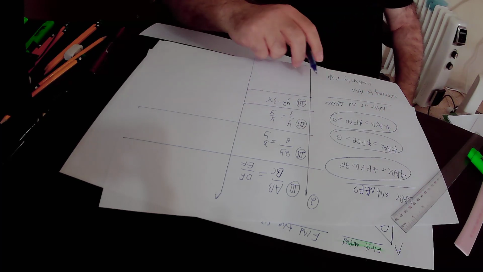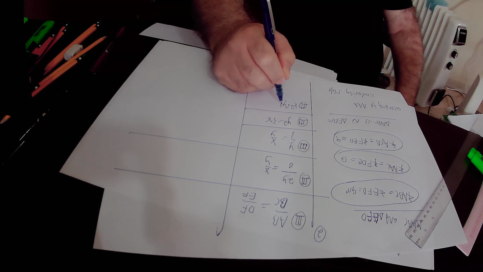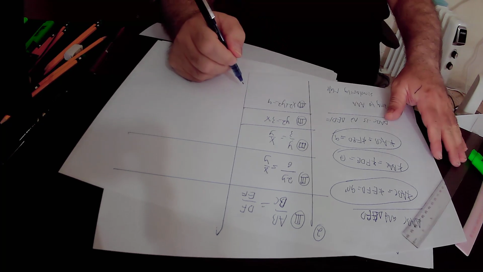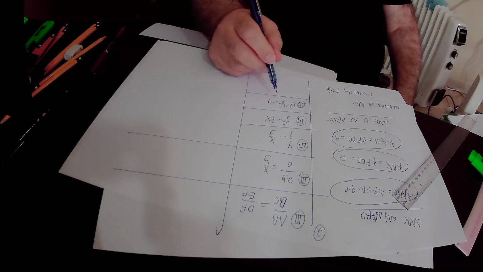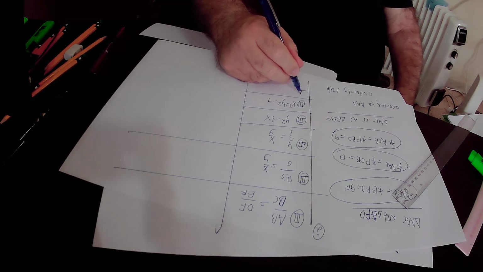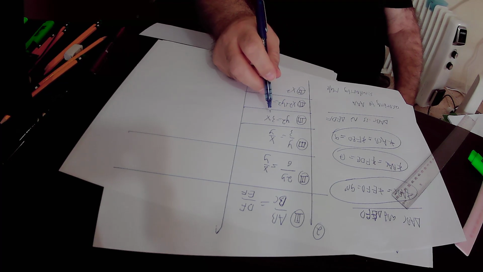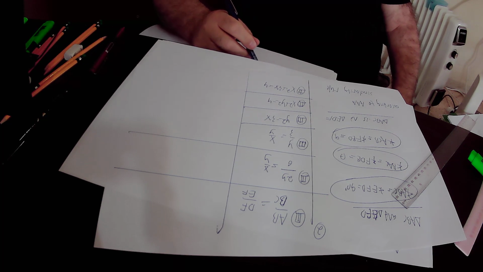But according to equation number 2, we have already found out that x squared plus y squared equals 4. So we can substitute y squared in equation number 2 by 3x, because according to equation number 3, y squared equals 3x. We do it now and we get x squared plus 3x equals 4.